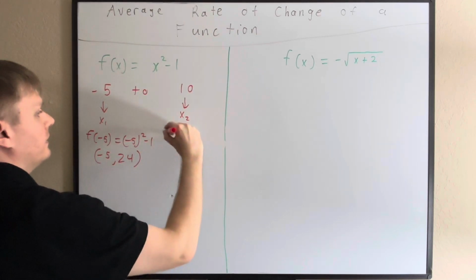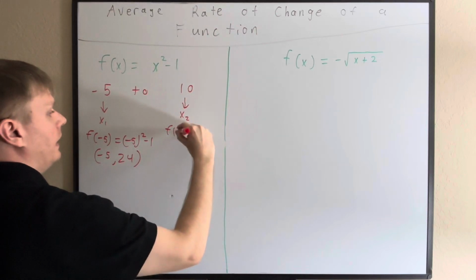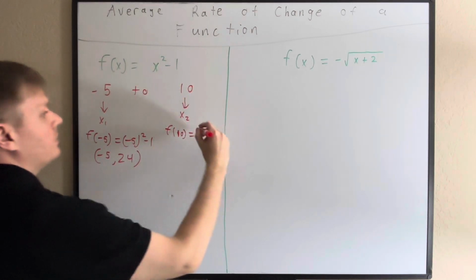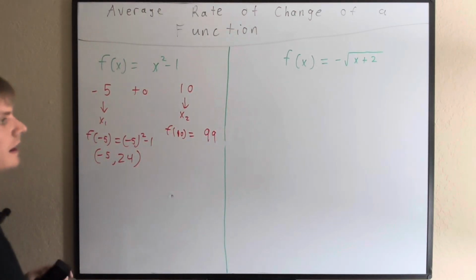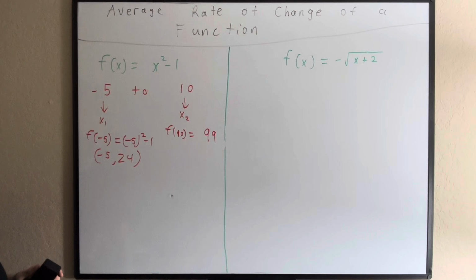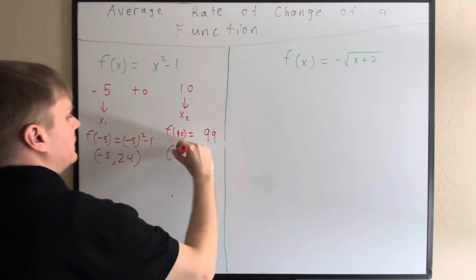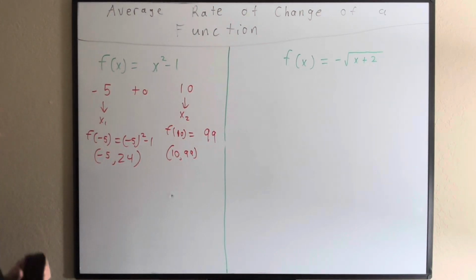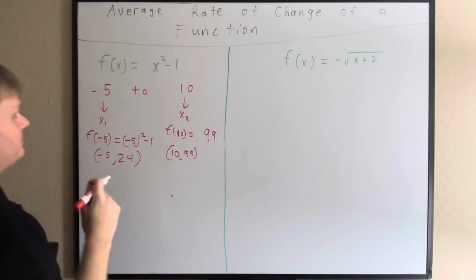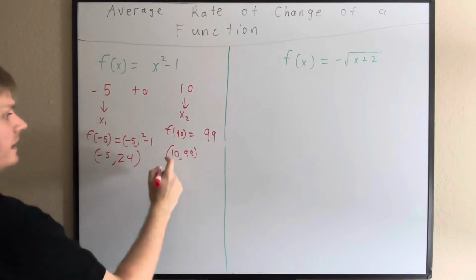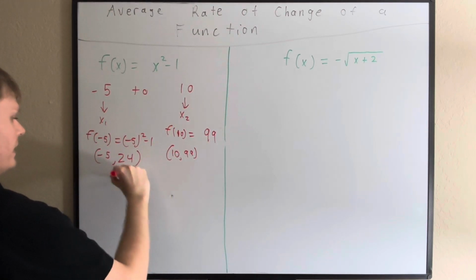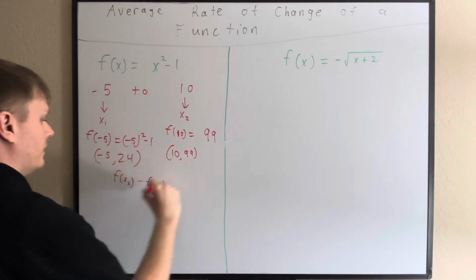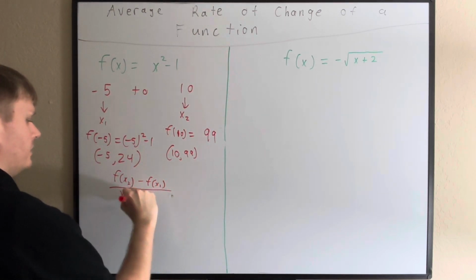And our second point is f of 10, which is 10 squared, 100, minus 1 is 99. So that would be 10, 99. Doesn't matter how big the numbers are, we're not going to graph it, thankfully. But we do f of x2 minus f of x1 over x2 minus x1.